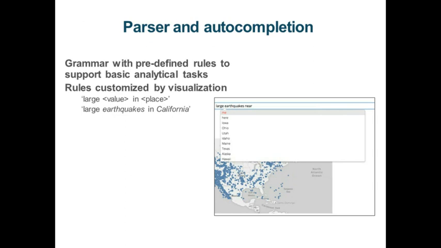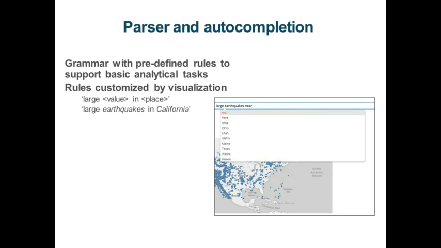The interface to Eviza is specified by a grammar that is applied algorithmically to provide a structural description of the input query. While pre-specified rules are loaded ahead of time, these rules are further refined by data attributes in the current visualization. For example, a rule, large value in place, is refined to expect earthquakes and a place from the data set in the map.